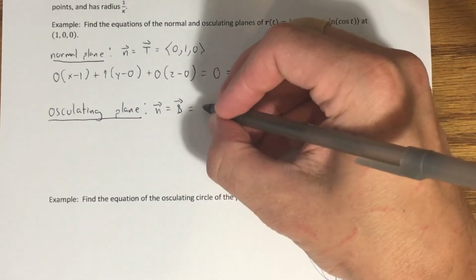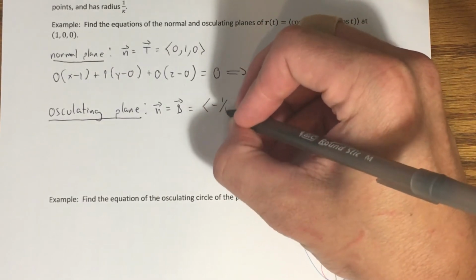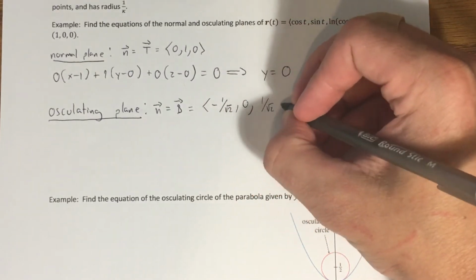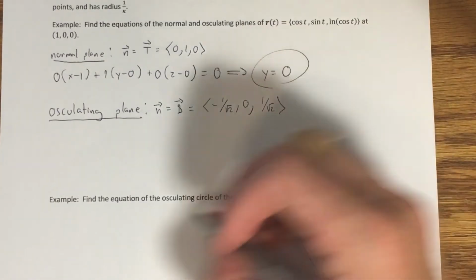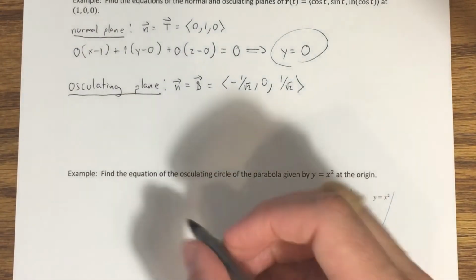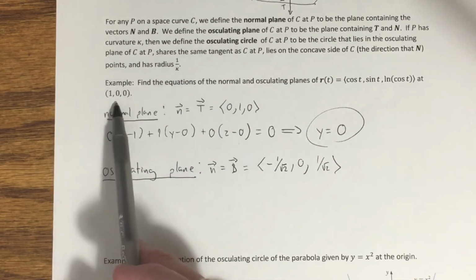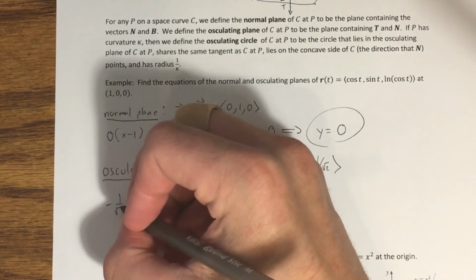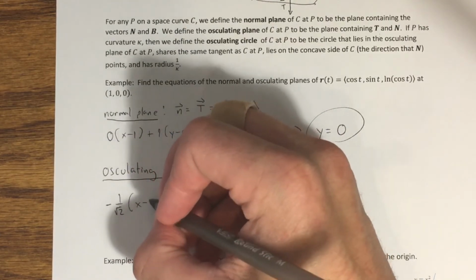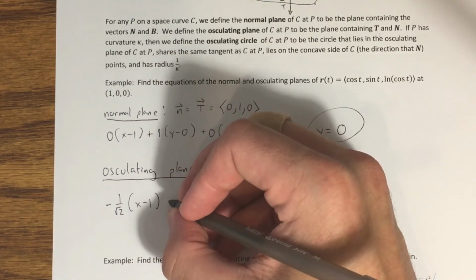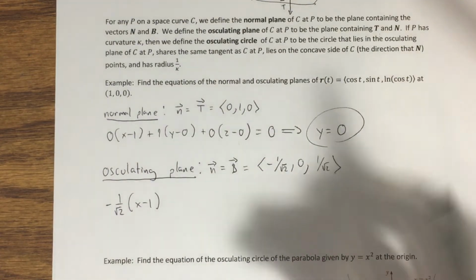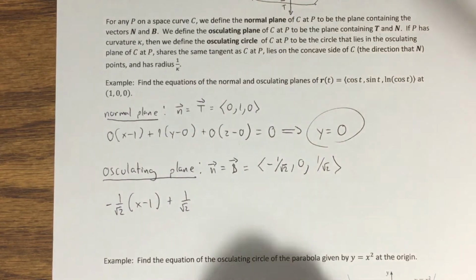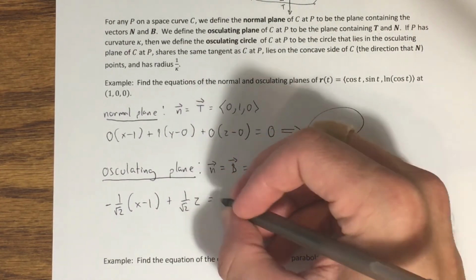What was the binormal in this case? In that previous example, we said it was negative 1 over root 2, 0, 1 over root 2. So that means my osculating plane is going to be, and I'm going to skip all of this because we can simplify it, negative 1 over root 2 times x minus 1, plus, let's forget about the 0, it's just going to go away anyway, plus 1 over root 2 times z minus 0, or just z, equals 0.